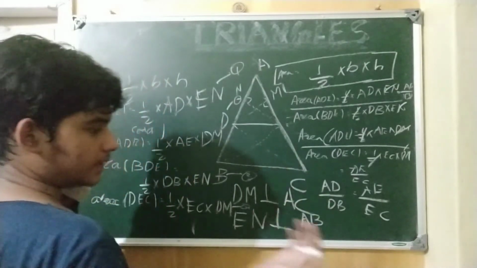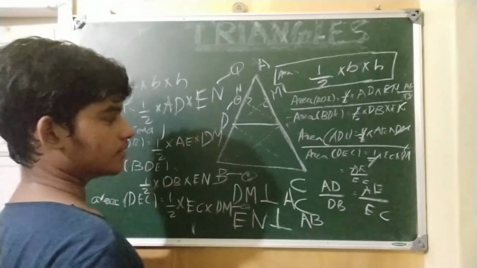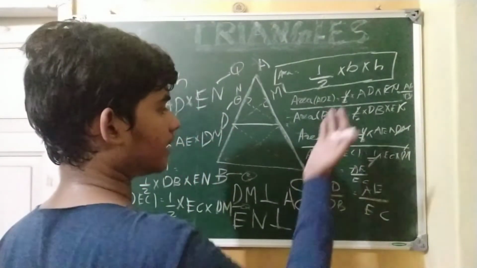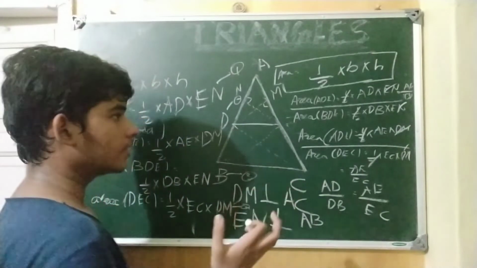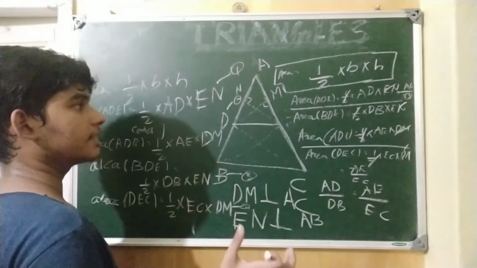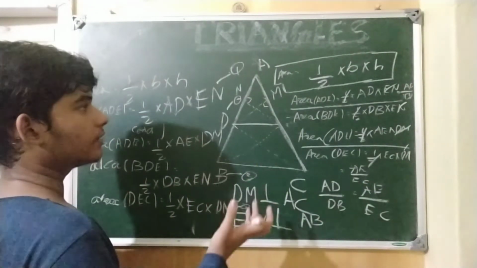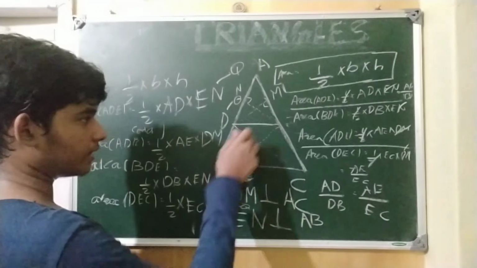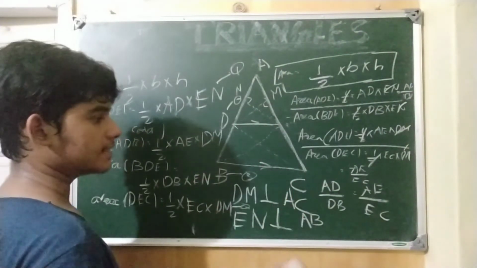Now the next step is, as you can see here, if we cut out AD and AD, we get BDE and DEC. In my previous episode, we talked about the second theorem: when two triangles between parallel lines have the same base, their areas are equal.